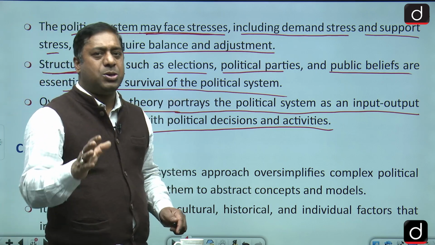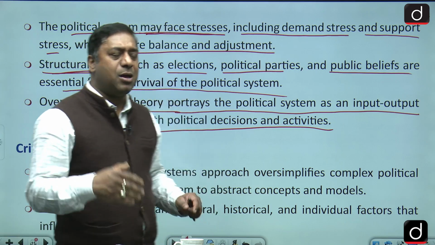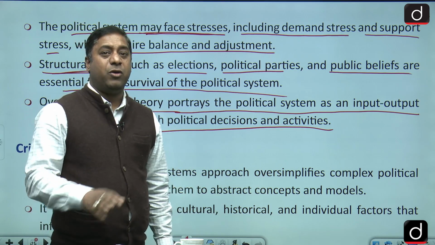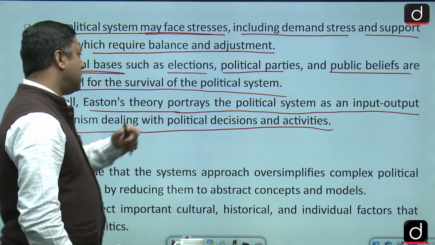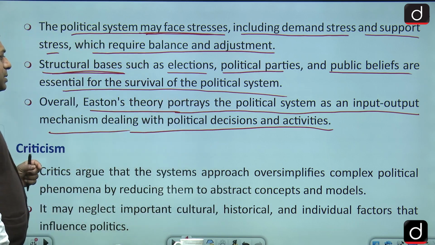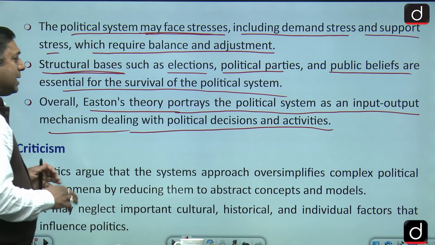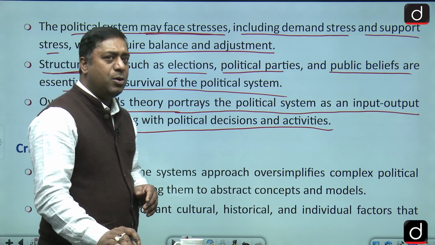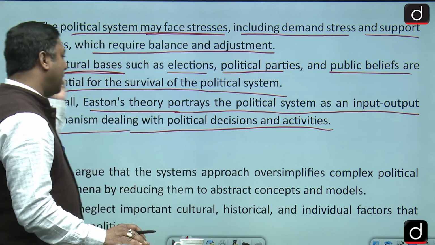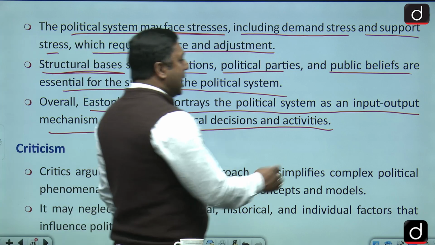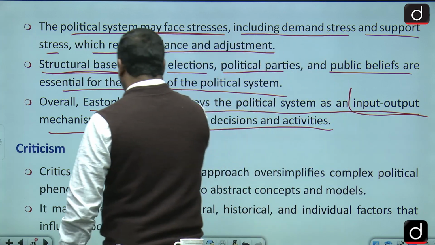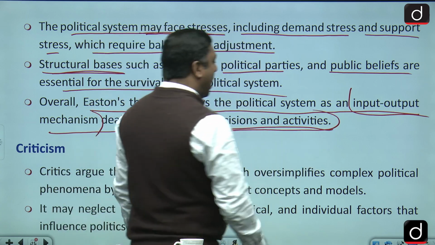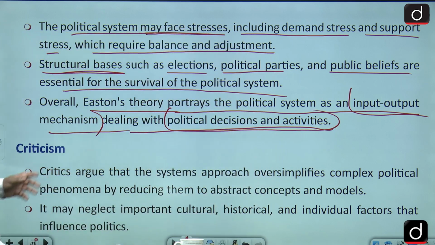These structural bases are political parties, public beliefs, and elections. And last, the entire theory is about a political system which is an input-output mechanism dealing with political decisions and activities.